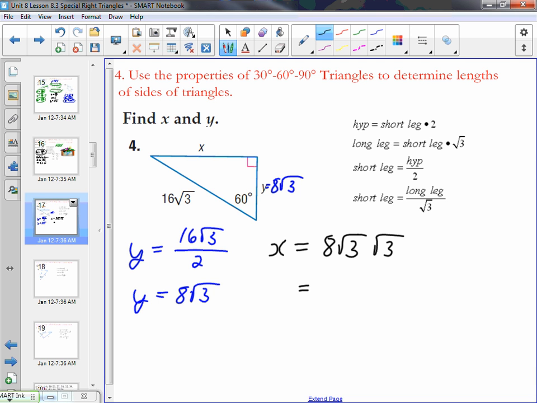We can simplify this a little bit. What's the square root of 3 times the square root of 3? It's 3. Okay? Because remember we talked about this before. It'd be the same thing as the square root squared, and the square root and the square cancel each other out. And so our final answer is x equals 24.